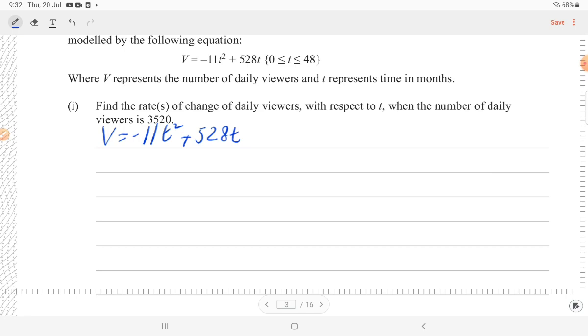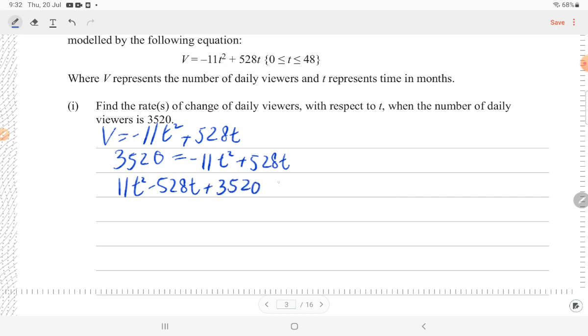So let's plug in the viewers: V is equal to 3,520, which is equal to -11t squared plus 528t. We can rearrange this to 11t squared take away 528t plus 3520 is equal to 0.